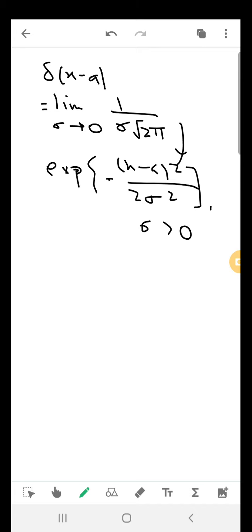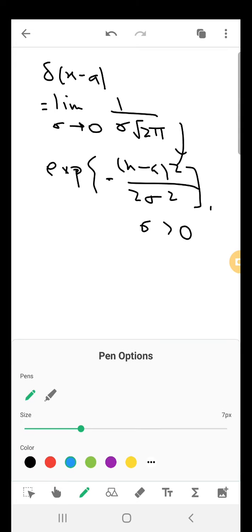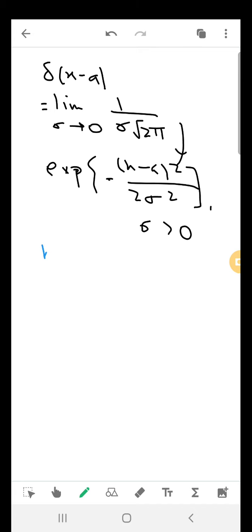So we have discussed two ways of representation of the delta function. Another way of representation is called the integral representation.